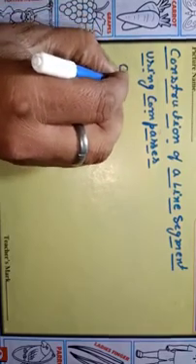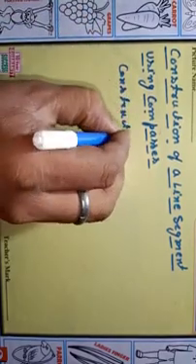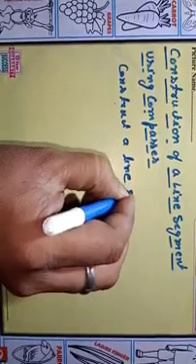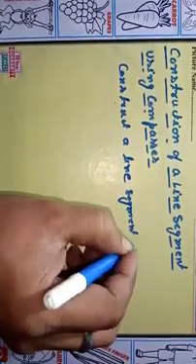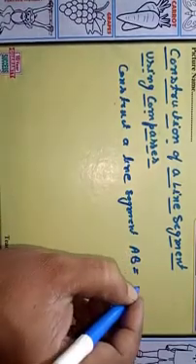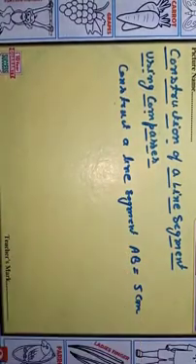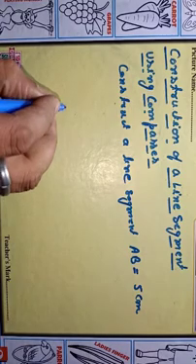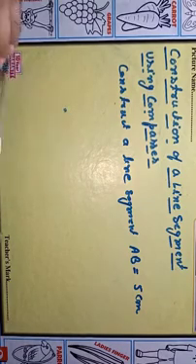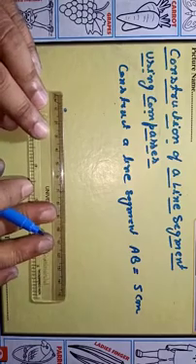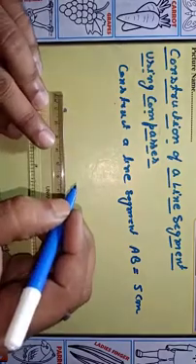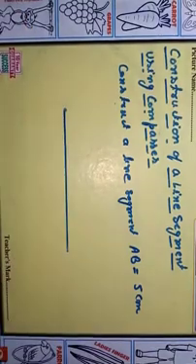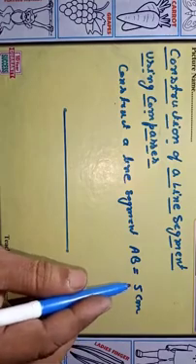Construct a line segment AB of 5 centimeters. So first we draw a line.